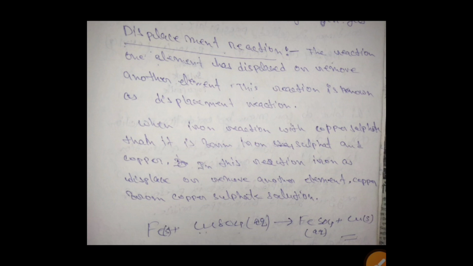As an example, when iron reacts with copper sulfate, it forms iron sulfate and copper. In this reaction, iron displaces or removes another element, copper, from copper sulfate. There is a displacement by iron, so it is called a displacement reaction.